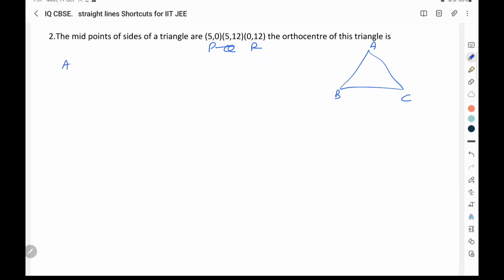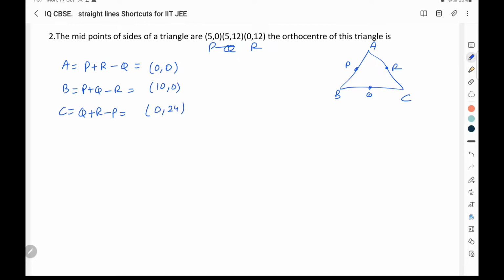As we know A is equal to P plus R minus Q, B is equal to P plus Q minus R, and C is equal to Q plus R minus P. From this I will get (0, 0), this one is (10, 0) and this is (0, 24).